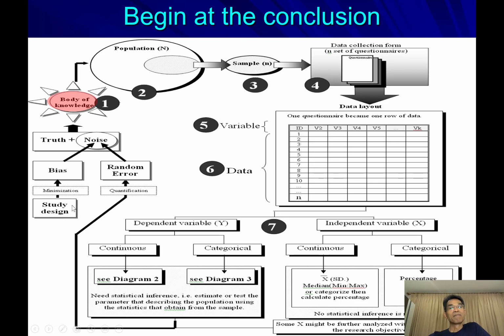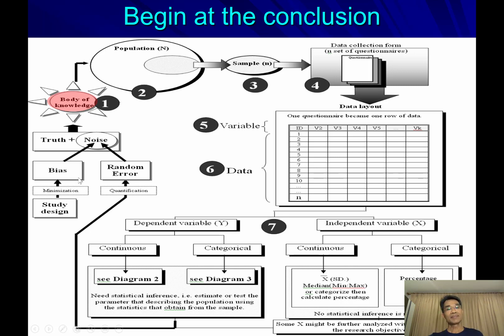So that means our role is to reduce or prevent the bias from occurring by designing the study well and conducting the study in a way that there is no bias.